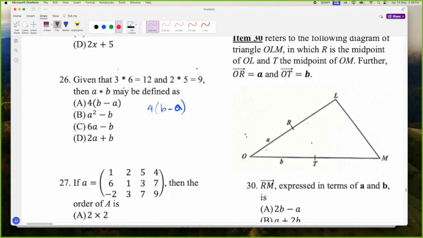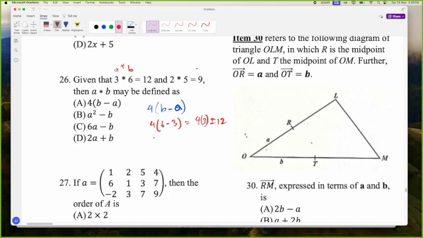So this is A operation B. You're taking the 3 as A and the 6 as B. So this will be 4 into 6 minus 3, which is 4 times 3, which is 12. So it works for this one.